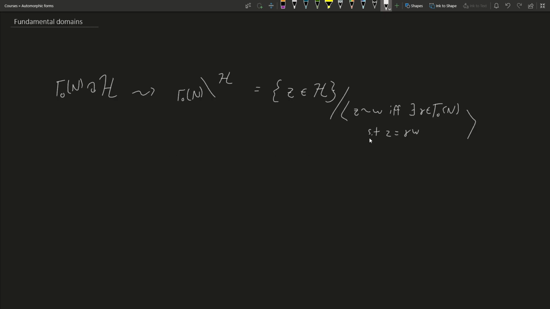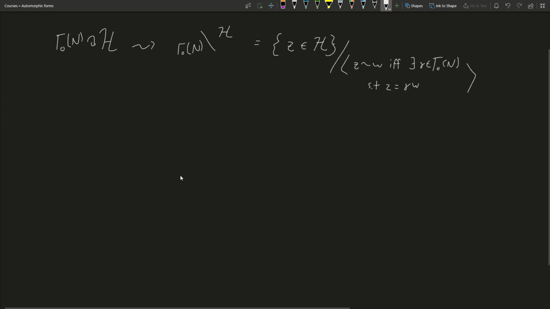And just written like this, you might wonder what this looks like, and that's important, right? The geometry of this space is going to be relevant for a lot of calculations.